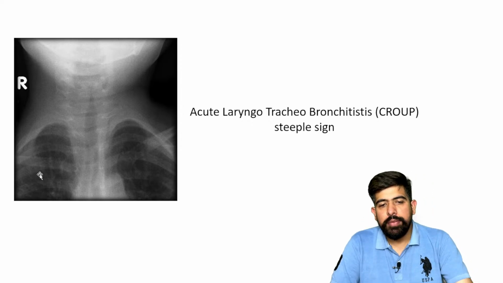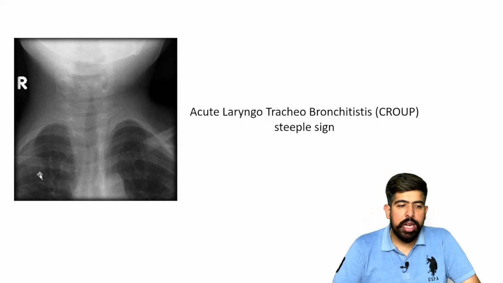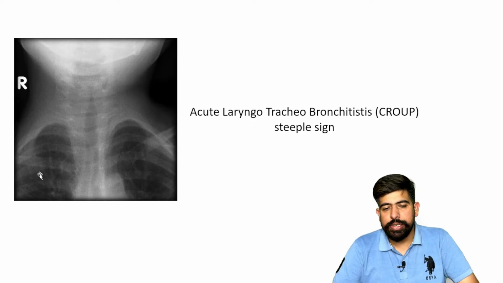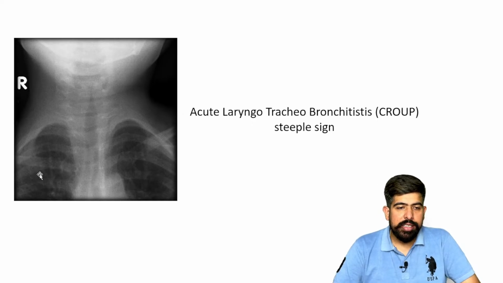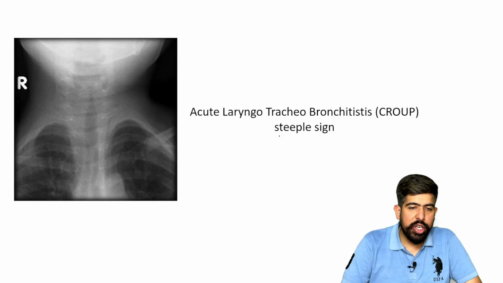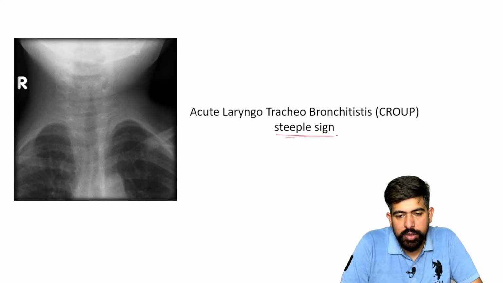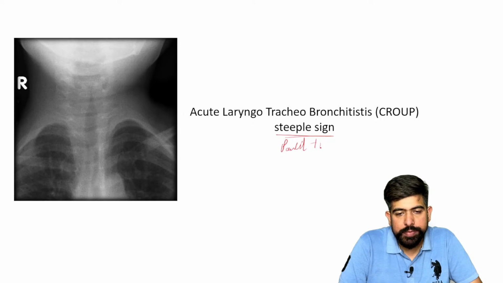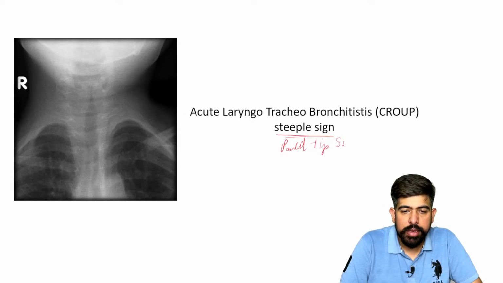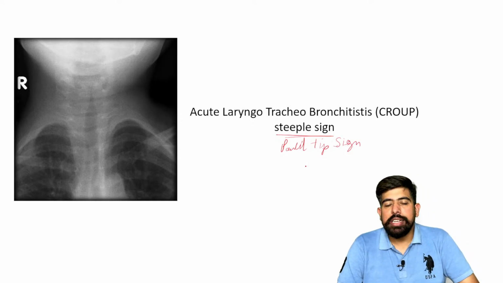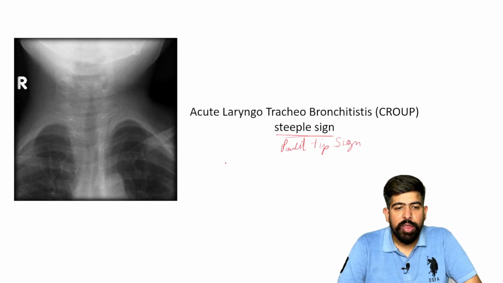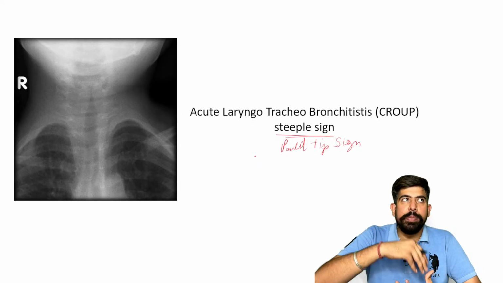Next, very important, very frequently asked from your ENT subject, right? You know very well, this is known as the steeple sign, or we can say the pencil tip sign. What is the meaning of steeples?